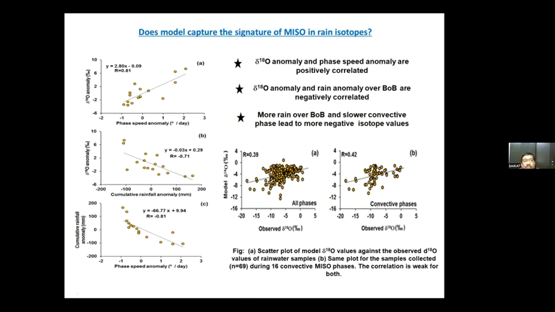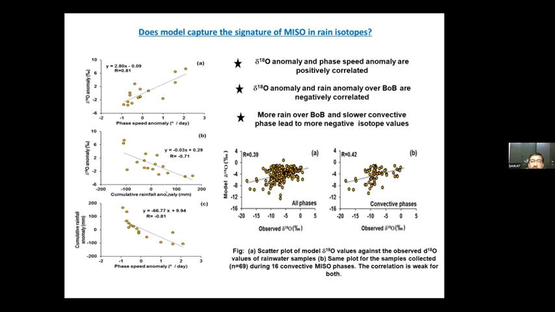These are all coastal locations. Which means that the faster the bands are moving, the less rain takes place over the ocean, so the resulting isotope values at the coastal locations are quite enriched. But if the convective bands are slower over the ocean, then there is a huge rainfall over the Bay of Bengal and relatively the isotope values are more negative. These are all the observations that we got from our 10-year long data.